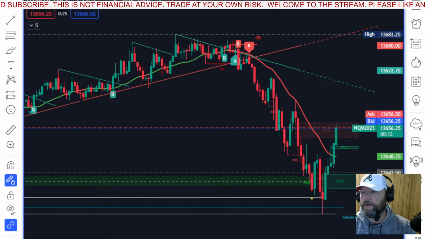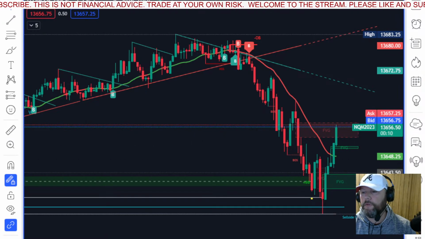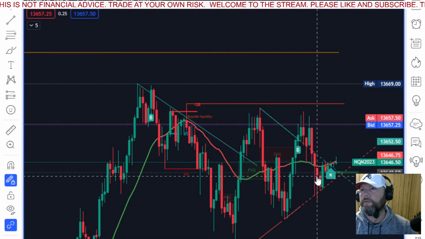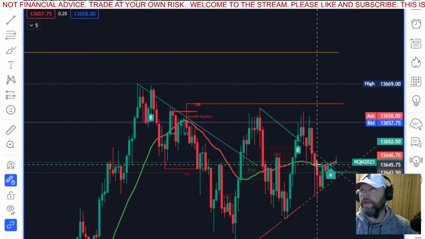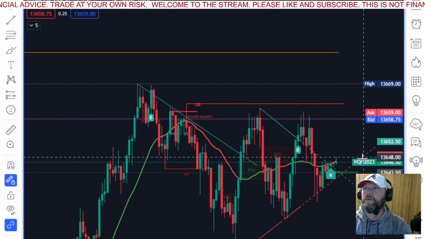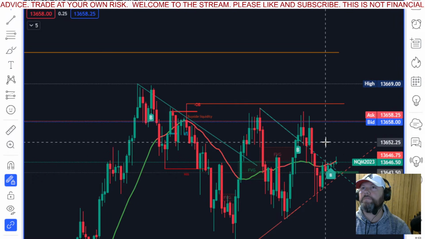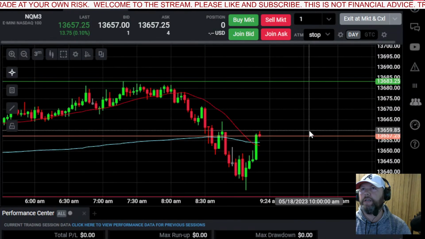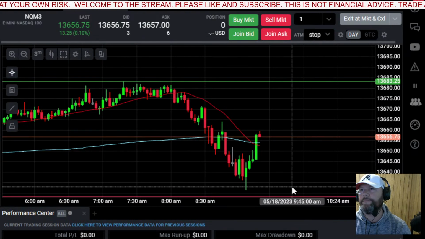Let's look and see if we got a gap in the chart this morning. Looks like we closed yesterday at 45 and we're currently at 57. So a small gap to the upside. Nothing huge. We'll kind of keep an eye on that, see where we open up at.